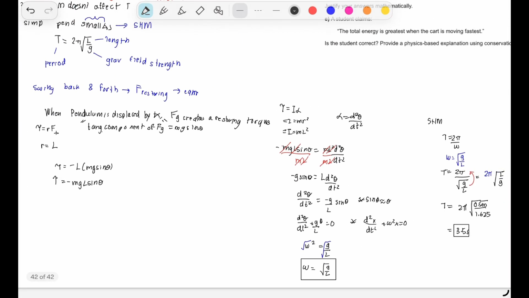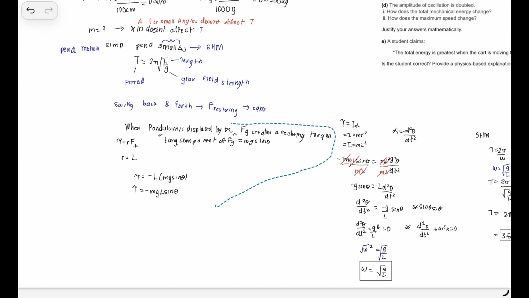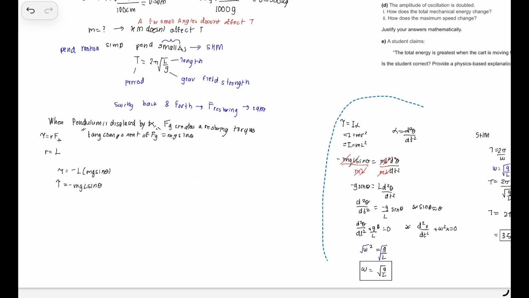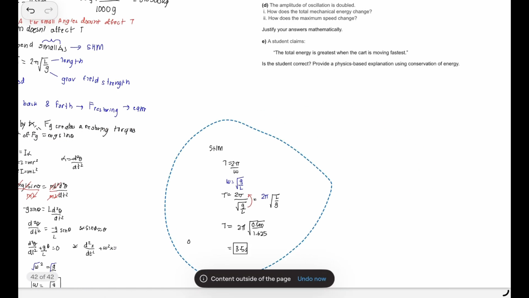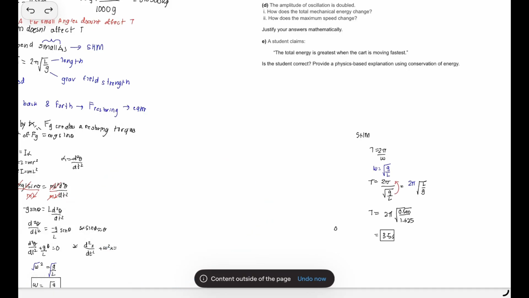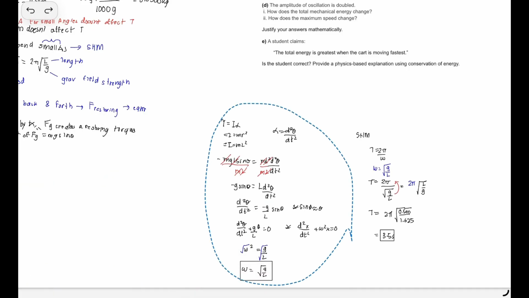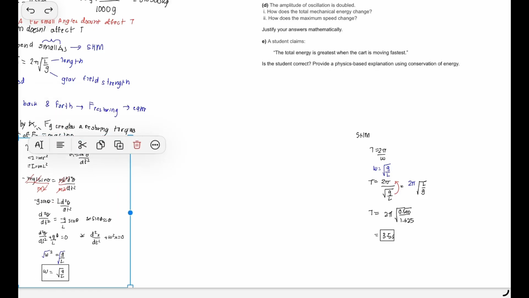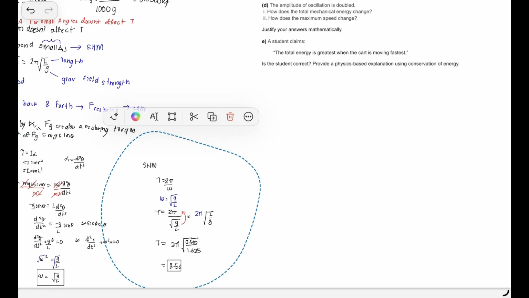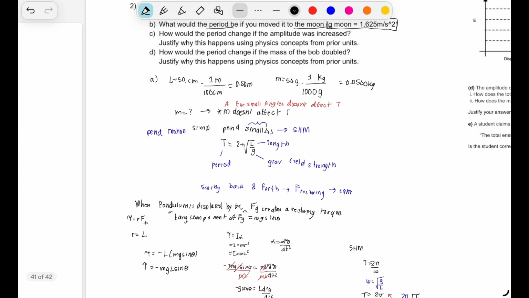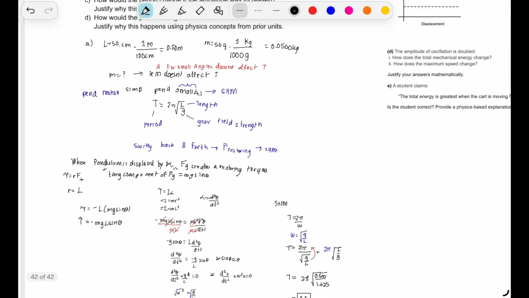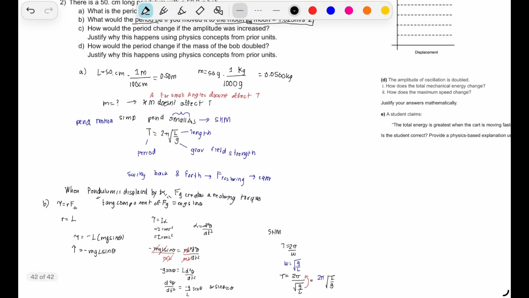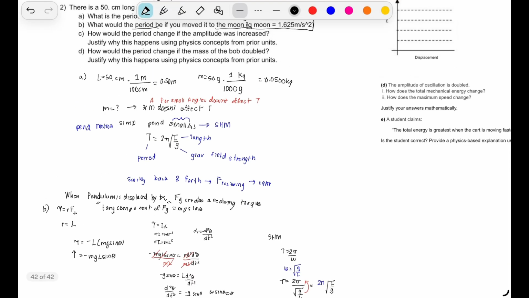After this, we are asked in 2C, how would the period change if the amplitude was increased?